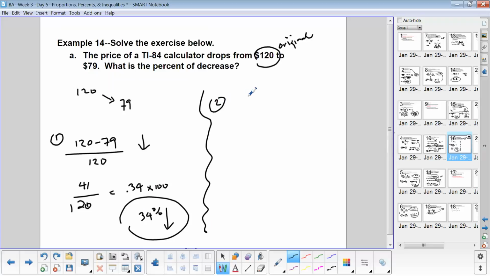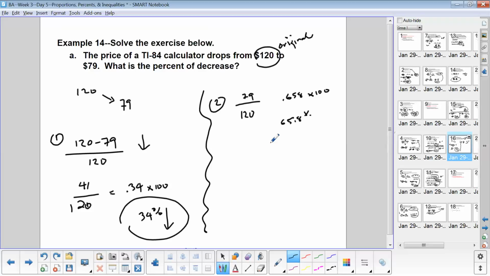Method 2 is we can take our new price, which was 79, divided by 120. So 79 divided by 120, and we get approximately 658 thousandths. And if I multiply that by 100, I'm going to get 65.8%.